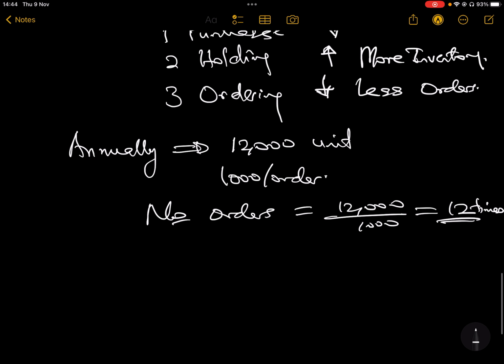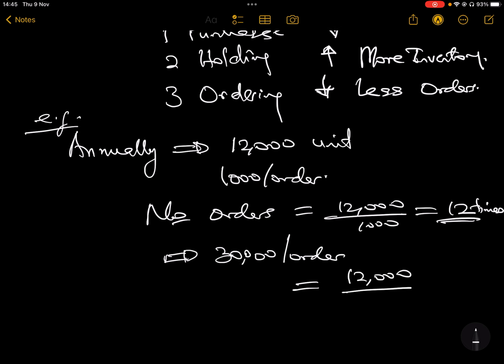But if you decide to take a bulk discount that allows you to buy, say, 3,000 per order, it means that you will only place how many orders? 12,000 over 3,000.